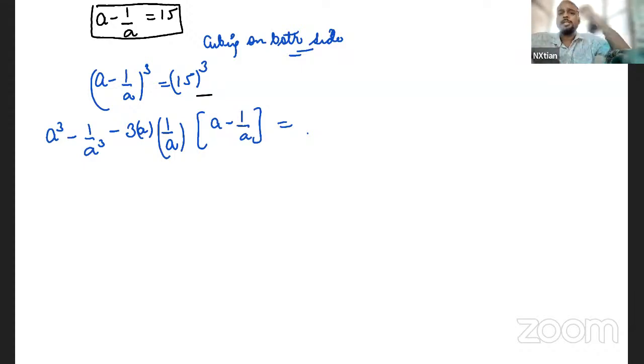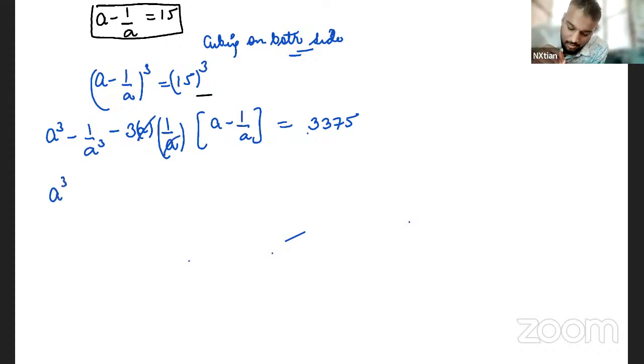So 15 and 15 and 15. Okay. This a and this a will cut.